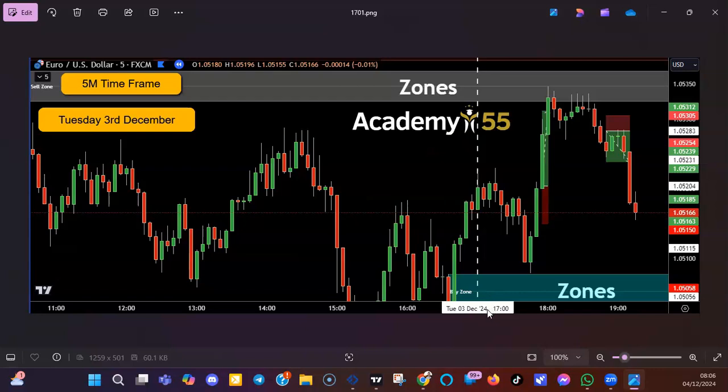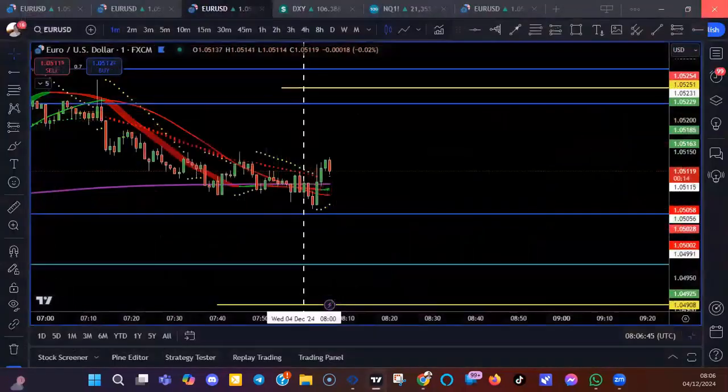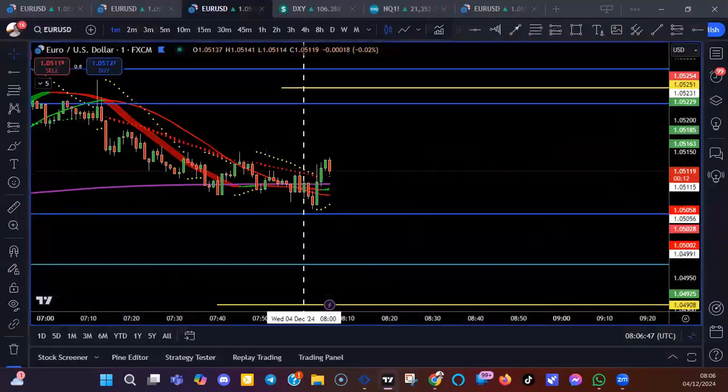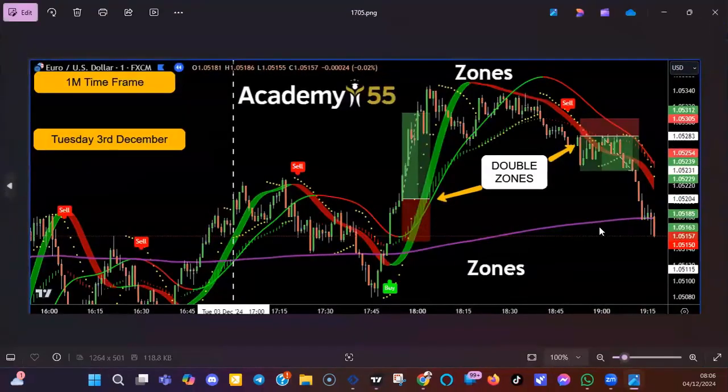Price went, this is a 5 o'clock candle in the UK. Price sort of tapped into the zone just about and tapped into the zone up there. And this is the result. As you can see, that's the 5 o'clock.